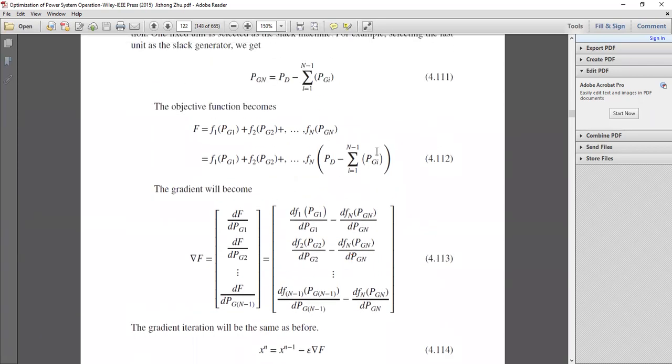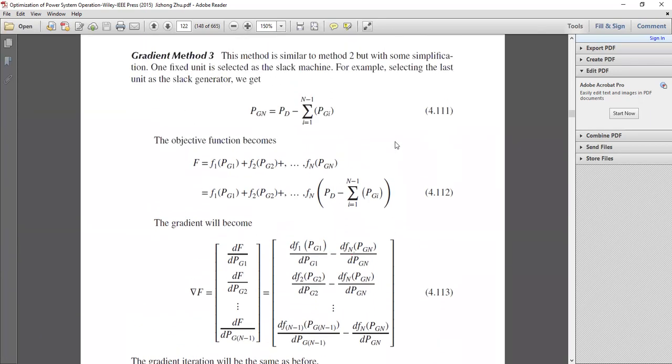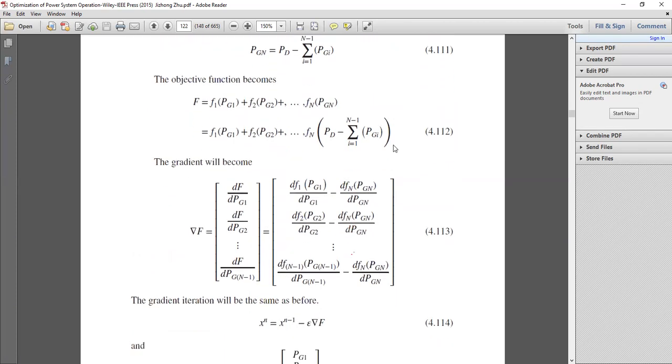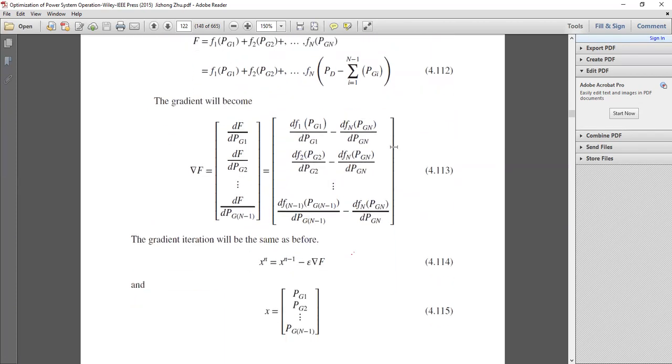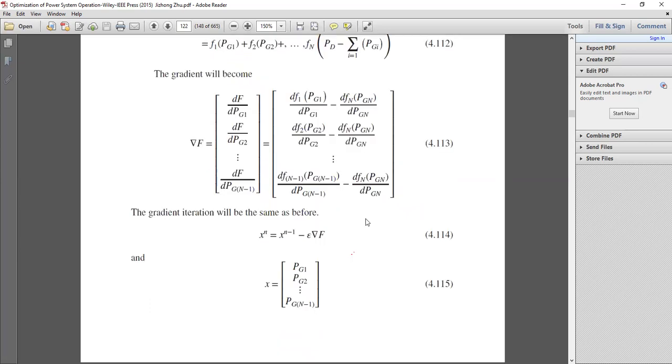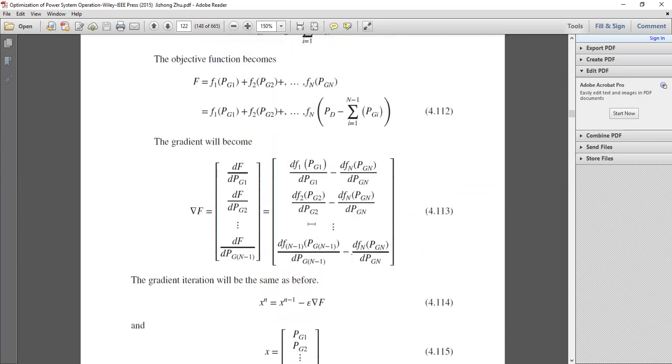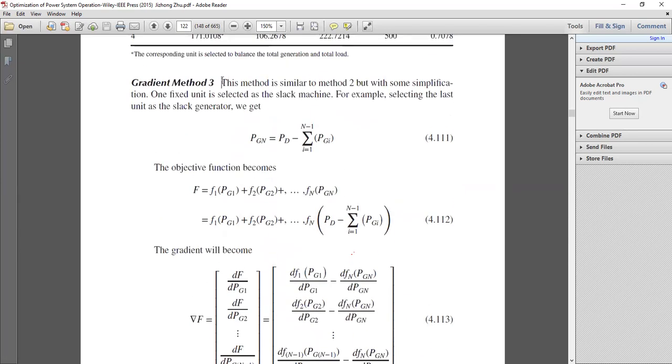So now the problem is they haven't shown the lambda calculation. So how are you going to calculate the lambda here? Because lambda is not included in X. So remember, the first line gives a hint. This method is similar to method 2.